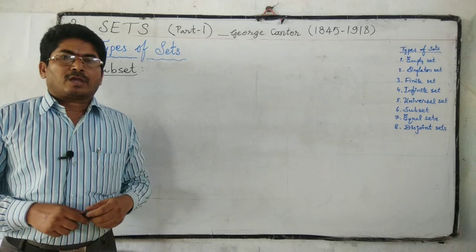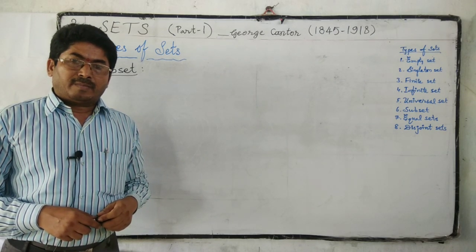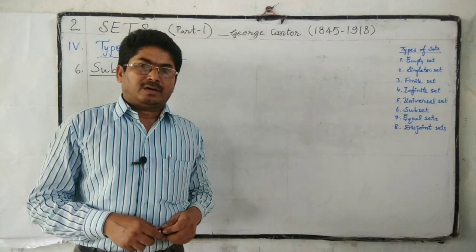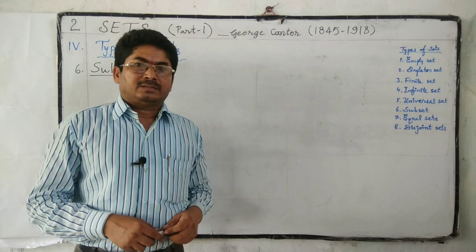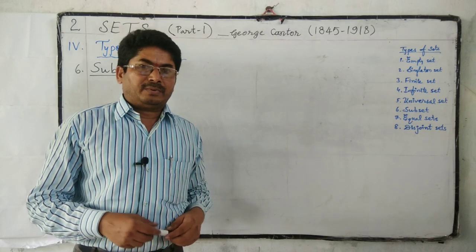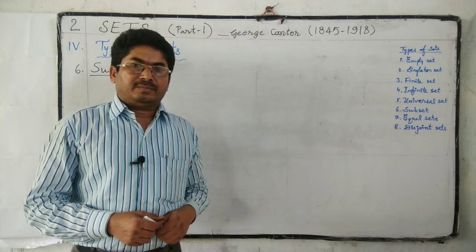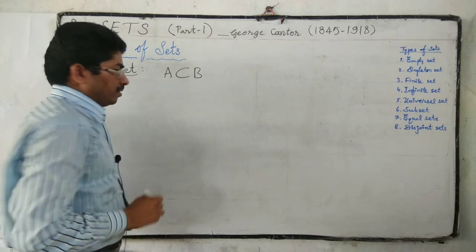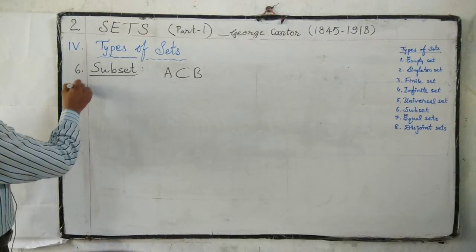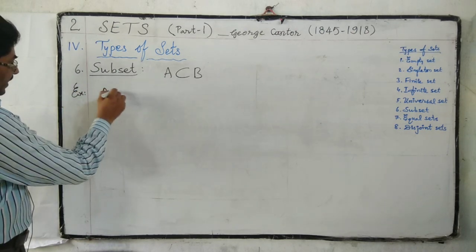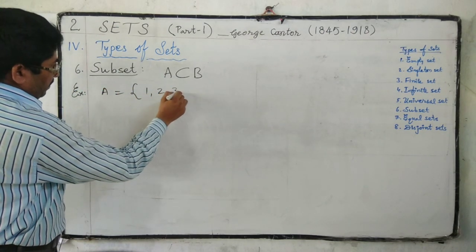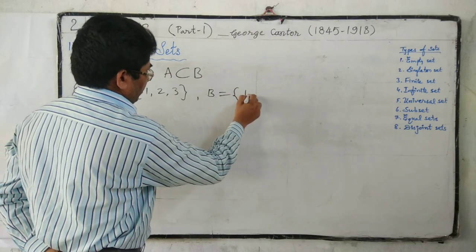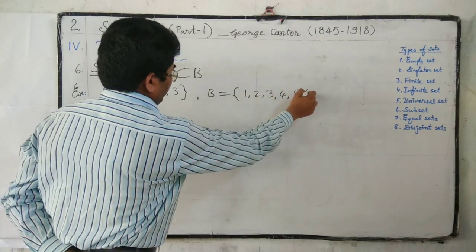Subset. If every element of a set A is also an element of set B, then set A is a subset of set B. It is represented as A subset B. For example, A is equal to set of 1, 2, 3. B is equal to set of 1, 2, 3, 4, 5, 6.